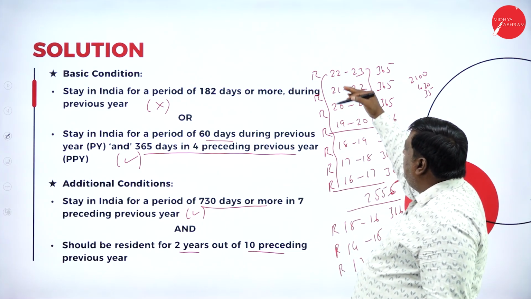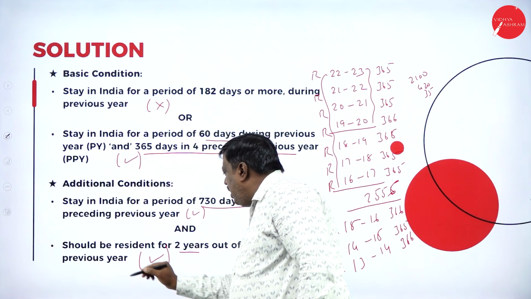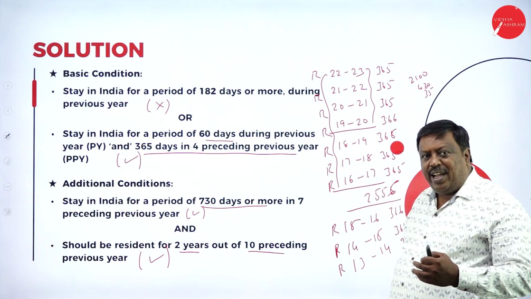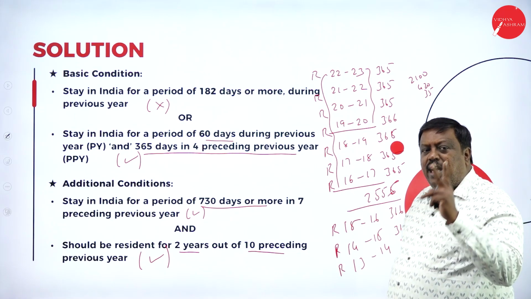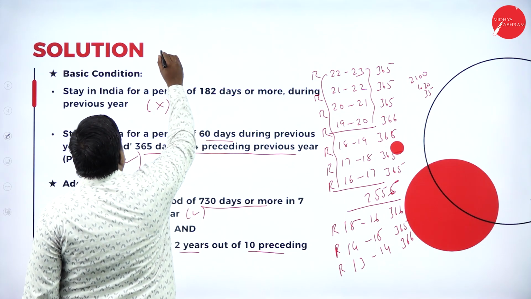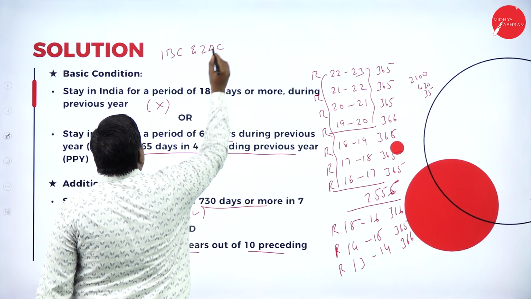For all the 10 years I was a resident. So I satisfied my second additional condition also. So in this problem, the assessee is satisfying one basic condition and two additional conditions.